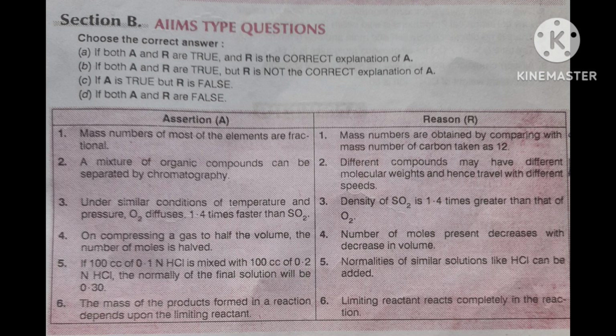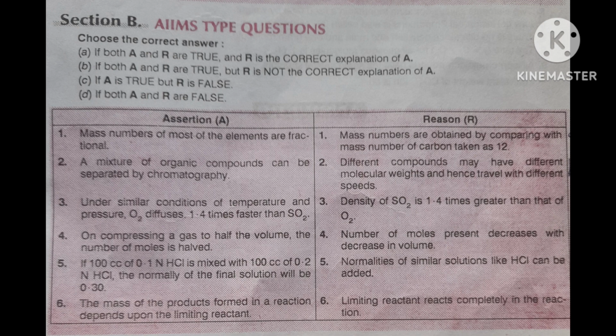Now the question I am reading. Assertion, column A: mass numbers of most of the elements are fractional. Reason, second column: mass numbers are obtained by comparing with the mass number of carbon taken as 12.